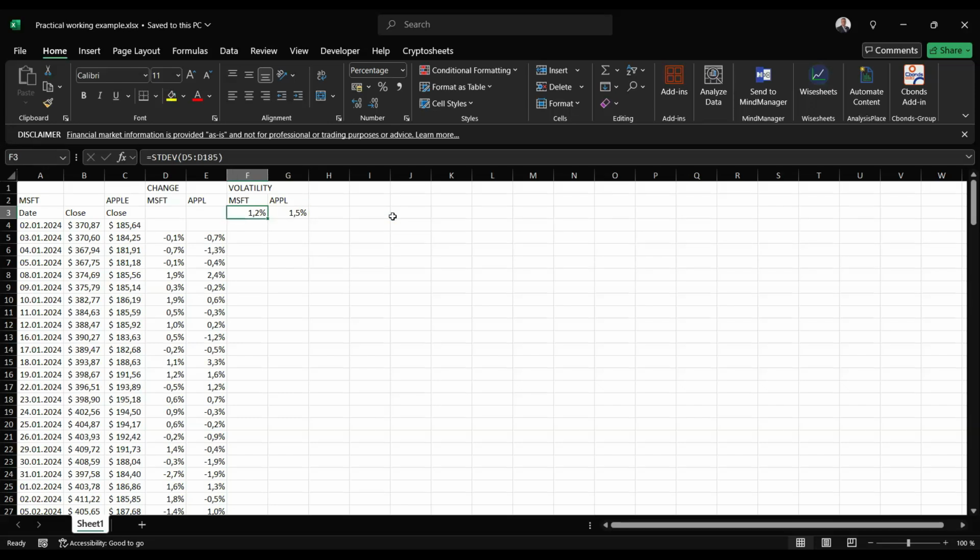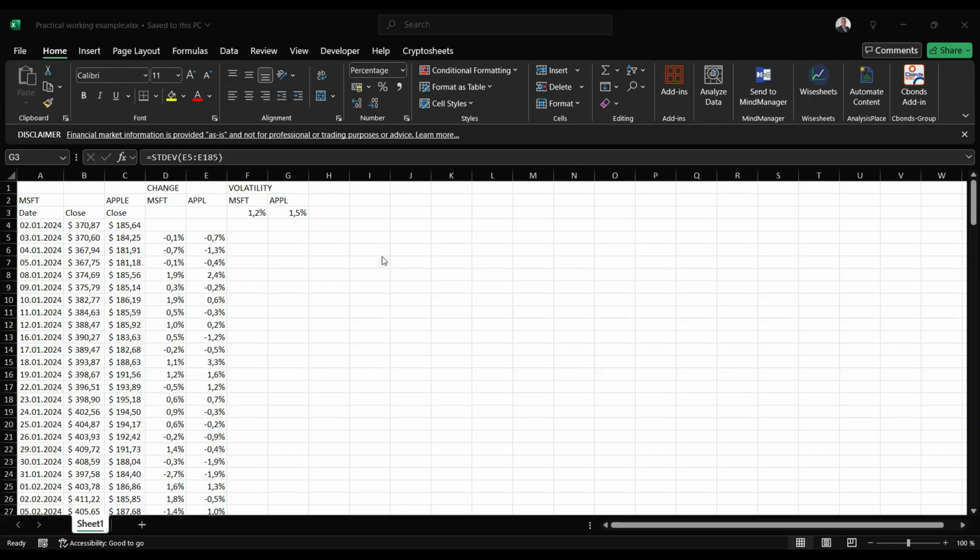So it means that on a daily time period the Apple price is a little bit riskier than the Microsoft price, because on average the volatility of Apple is bigger. So the changes are bigger for Apple.